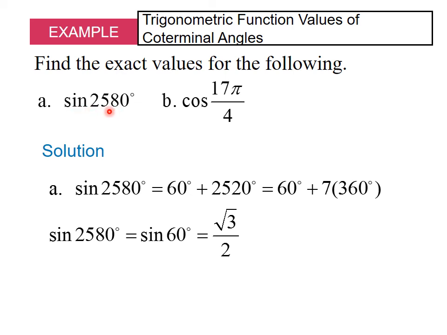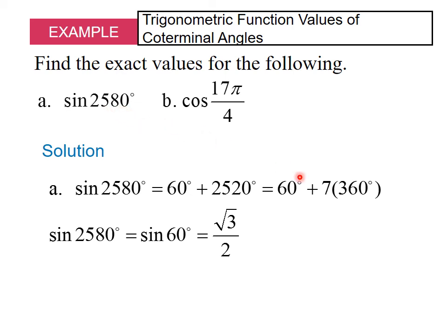So here's our example. We're trying to figure out the sine of 2,580 degrees. I don't want to draw that out, but I'm thinking, okay, how many revolutions of 360 do we have? As we divide 360 into 2,580, we find out it is 7 plus something, maybe 7.2 or something like that.